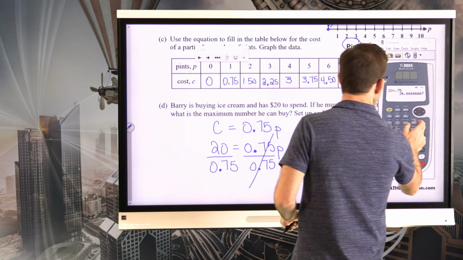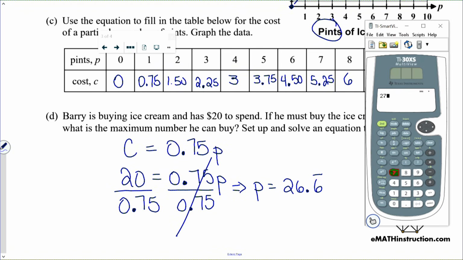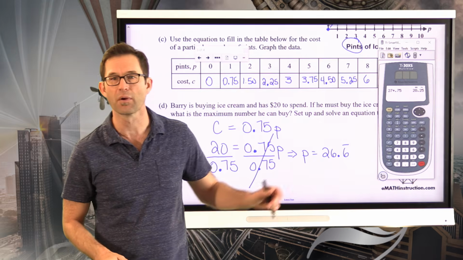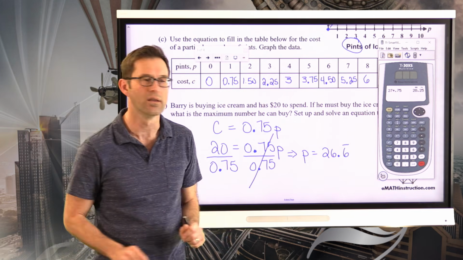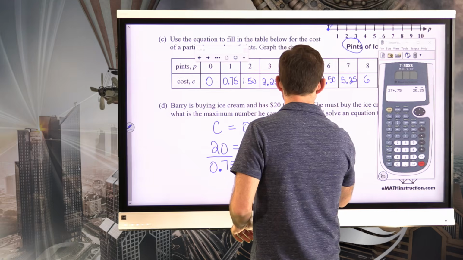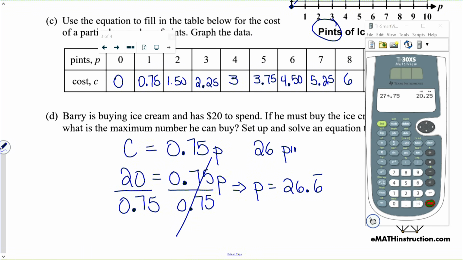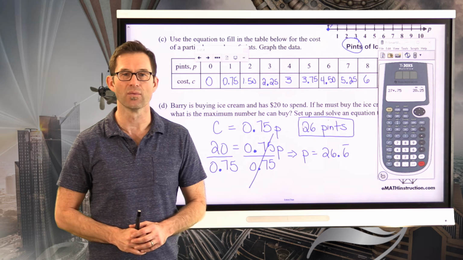The plain fact is, if I actually did 27 times 0.75, that would be more money than what Barry has. Barry would need $20.25. He doesn't have that. He's just got a 20 in his wallet. That's it. So the most he can buy is 26 pints. And he'll have a little bit of money left over. But since he must buy in whole pint increments, 26 is the best he can do.